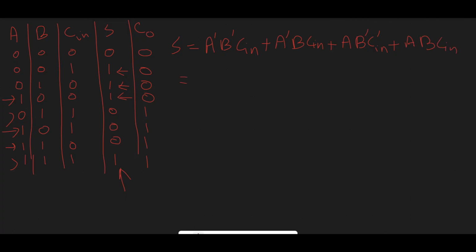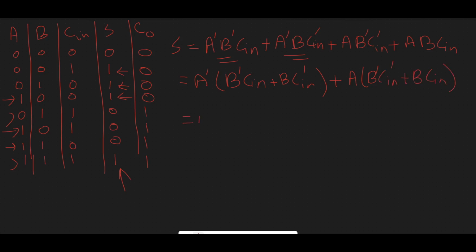Now let's do some simplification. S will be equal to, from the first two terms, let's take A prime common. We'll have B prime Cn plus B Cn prime. And then the second two terms, we can take A common. We'll have B prime Cn prime plus B Cn.